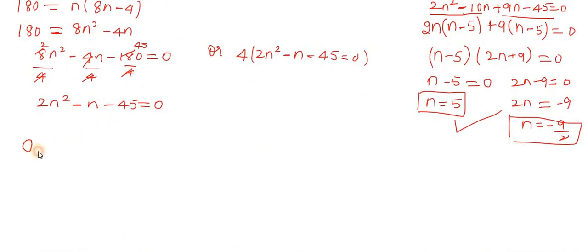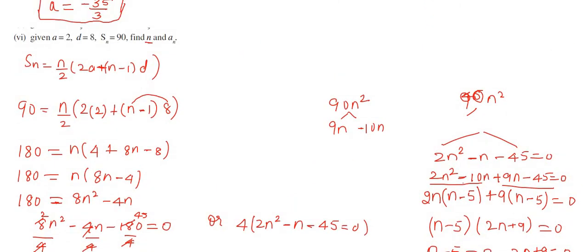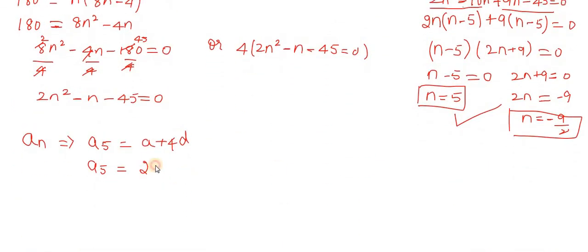And also we need to find an. What is an? It is nothing but a5. What is a5? a5 is a plus 4d. The a value is 2 and the d value is 8. Substituting, a5 equals 2 plus 4 times 8.